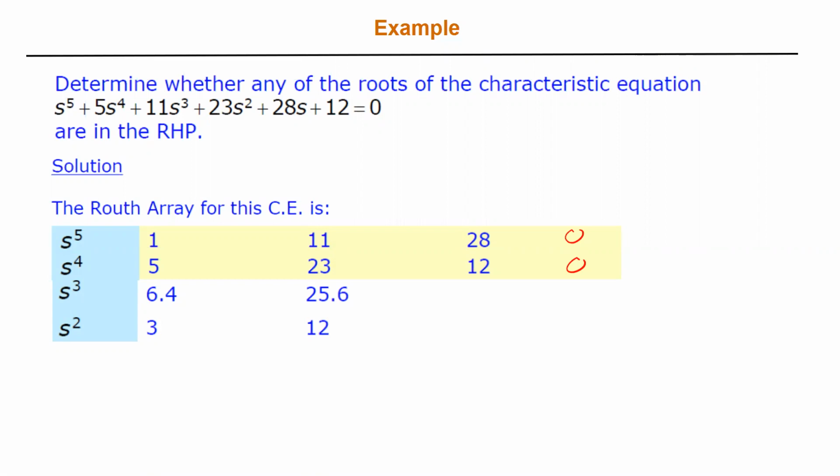Now, what is the next element in here? What's the next element going to be at this position? 0. Why 0? Calculate it. So it's basically minus 1 over 3 times 0.4 times 12 minus 3 times 25.6.